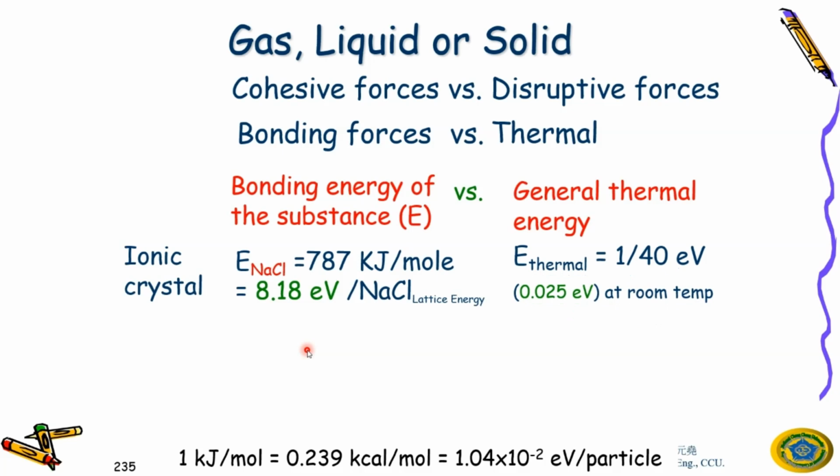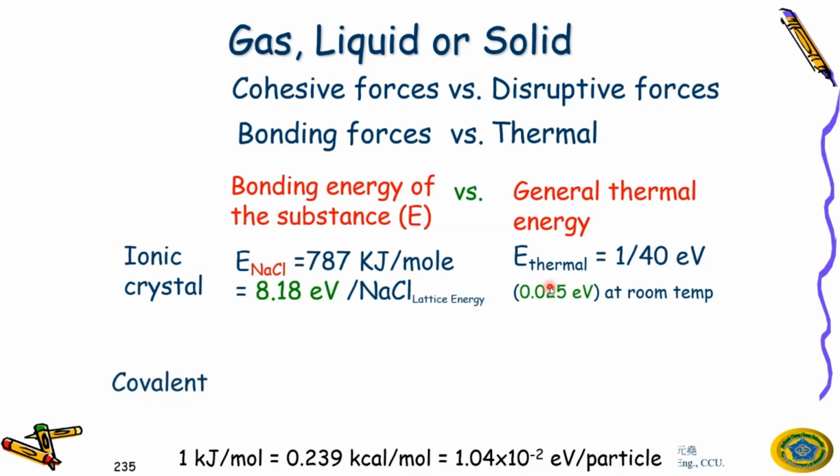And how about room temperature? I hope you still remember room temperature is about 25 Celsius. The energy at room temperature is about 1 out of 40 electron volt, which is about 0.025 electron volt. So this is thermal energy, and this is bonding energy. This thermal energy is not high enough to take the crystal apart, right?